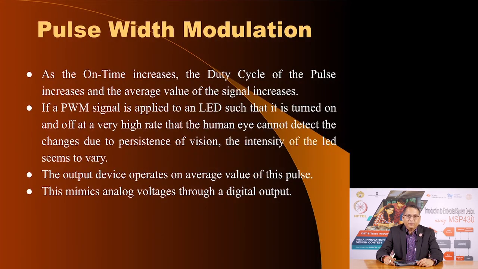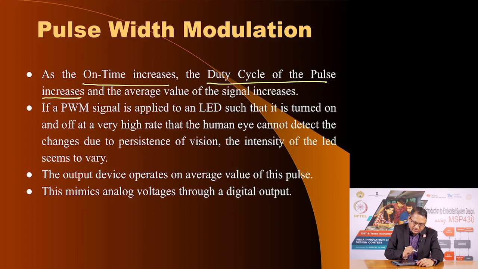The property of pulse width modulation signal is that as you increase the on time, the duty cycle of the pulse width increases, and so does the average value.